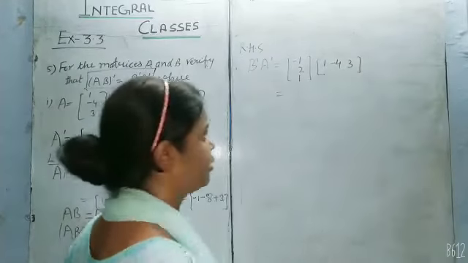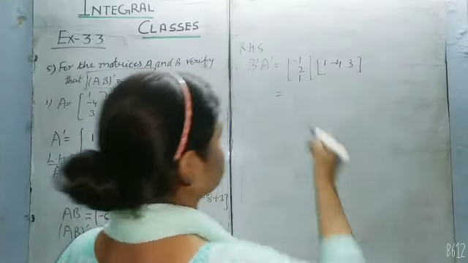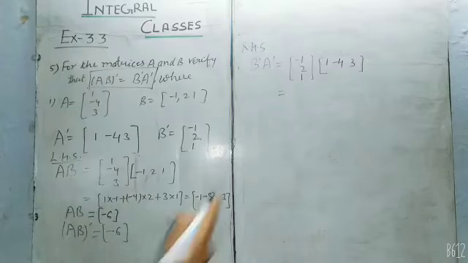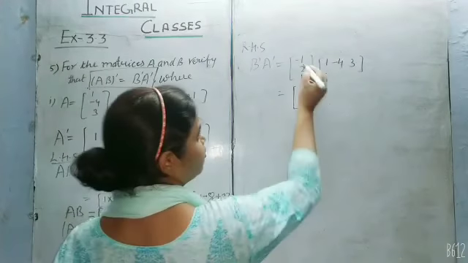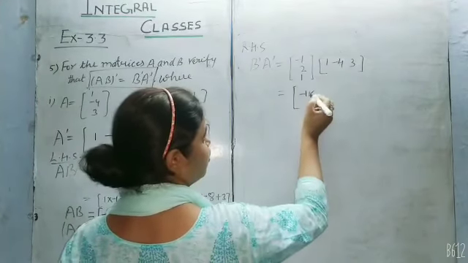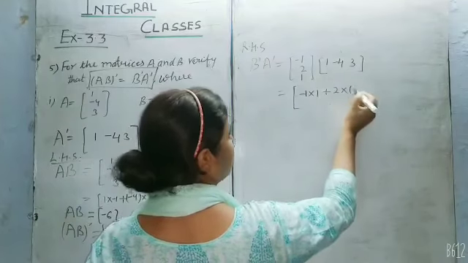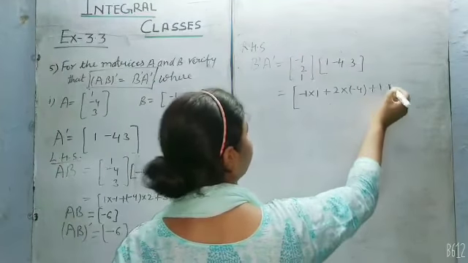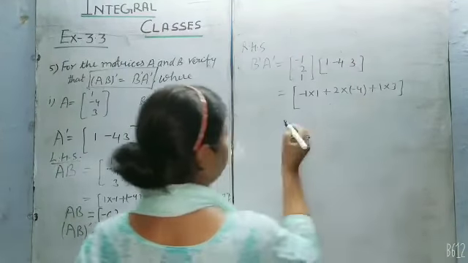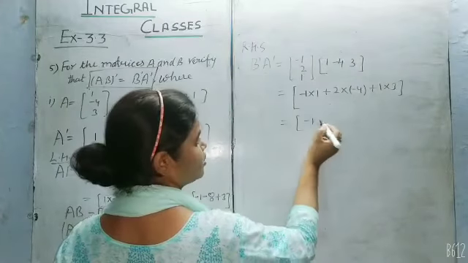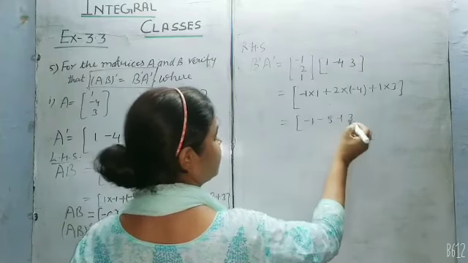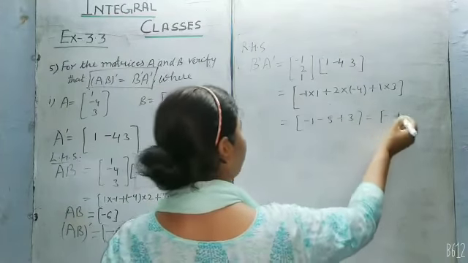Now we will multiply them. Then we get minus 1 into 1 plus 2 into minus 4 plus 1 into 3. Then we get minus 1 minus 8 plus 3. Again we get minus 6.